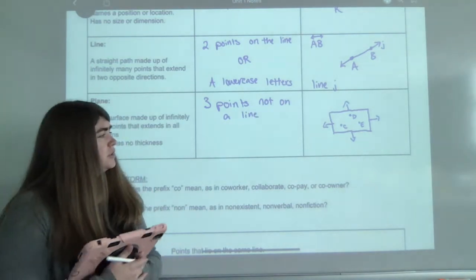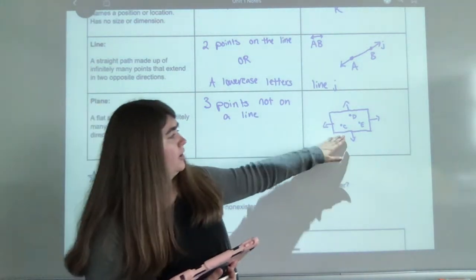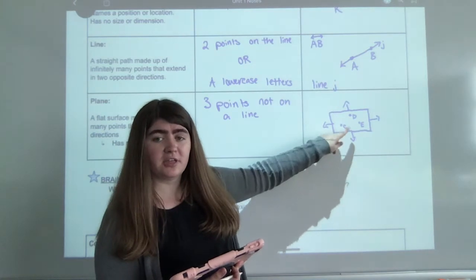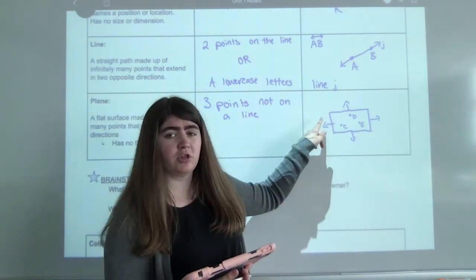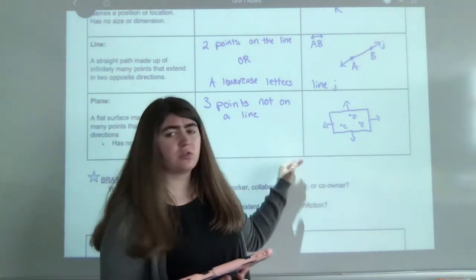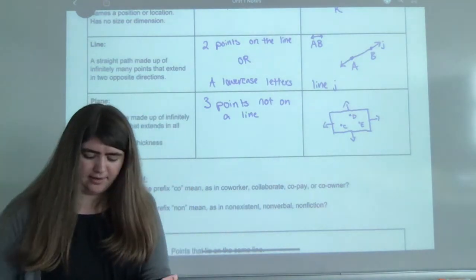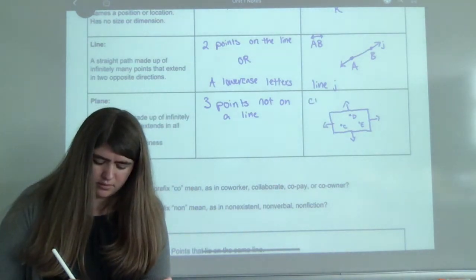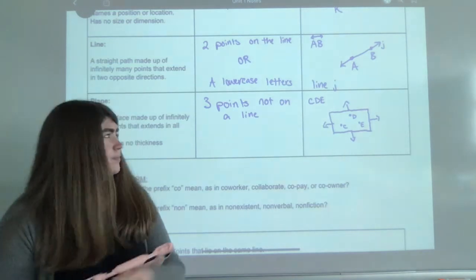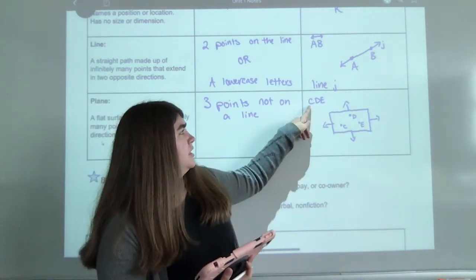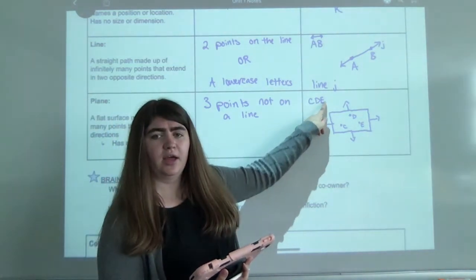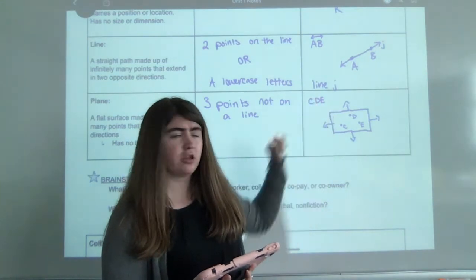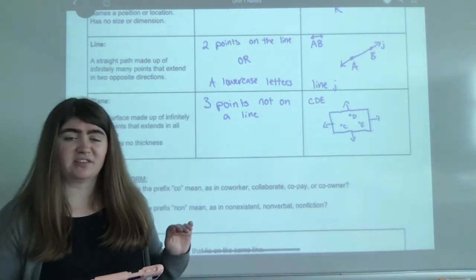If I were to use the points that I just pointed out here, all you're going to do is take the points and put them next to each other with nothing added to it. So we have C, D, E, just like this. It reads plane CDE. I don't put a bar above it. I don't draw a picture of a plane. I just leave the letters as is.